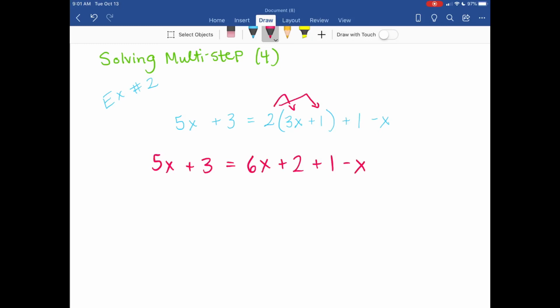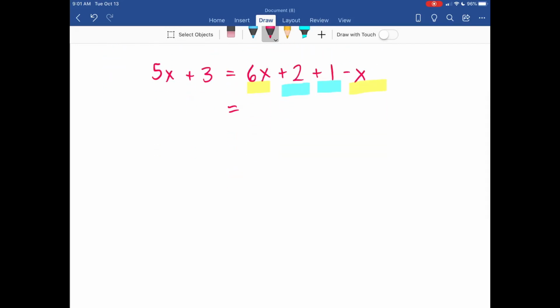Now you might look at the right side and say, we've got some like terms. We've got 6x and minus x, and we've got 2 plus 1. So we're going to combine those. 6x minus 1x is 5x, and 2 and 1 is 3. And I think maybe you're identifying here that you've got the same thing on both sides.